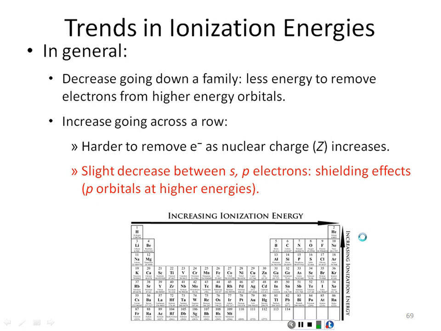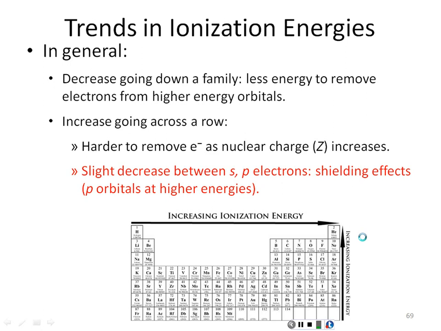Ionization increases across a row. And why is that? It's harder to remove an electron because the effective nuclear charge as you're going across a row is increasing. So those electrons are held onto tighter. And the ionization energy and atomic size are really kind of correlated in that way.